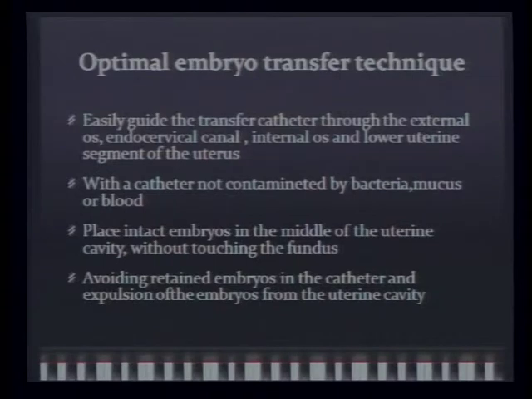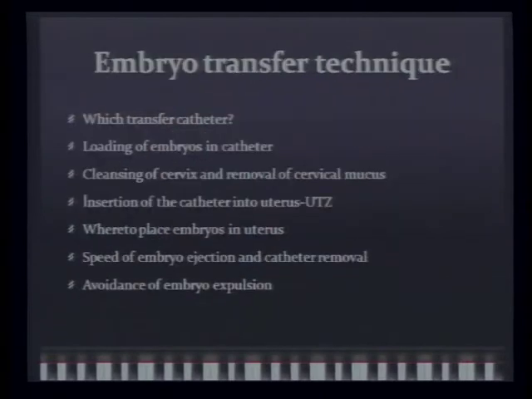Easily guide the transfer catheter through the external os, endocervical canal, internal os, and lower uterine segment of the uterus. With a catheter not contaminated by bacteria, mucus, or blood, place intact embryos in the middle of the uterine cavity, as we talked previously, without touching the fundus, avoiding retained embryos in the catheter and expulsion of the embryos from the uterine cavity.